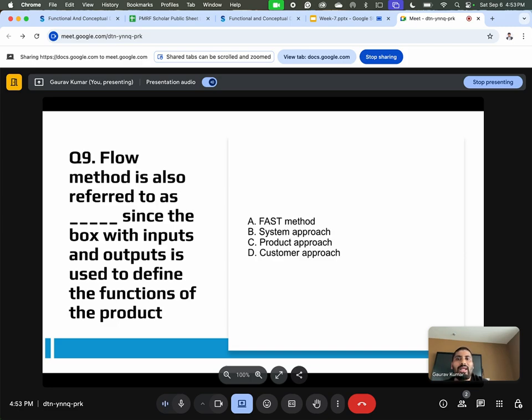So the flow method is often described as a system approach because it treats the product as a system of interconnected flows. Inputs of energy, material, and information into the system are transformed and exit as output. So this mirrors how systems thinking works, focusing on relationships, transformations, and boundaries rather than isolated parts.